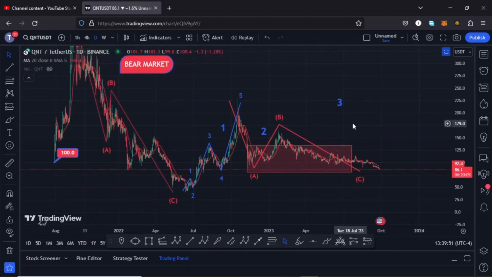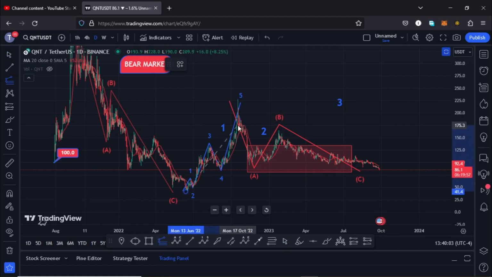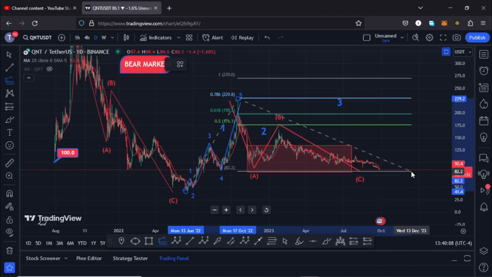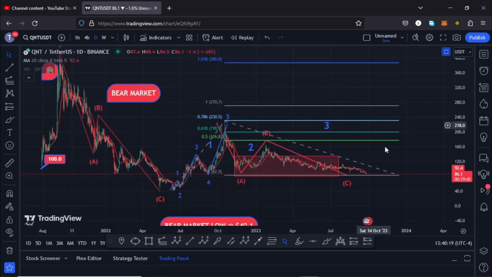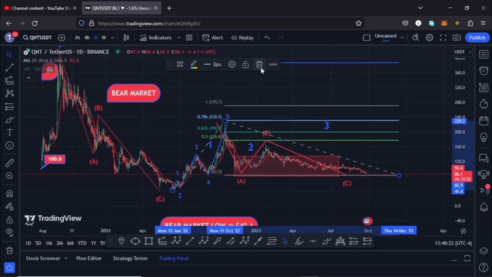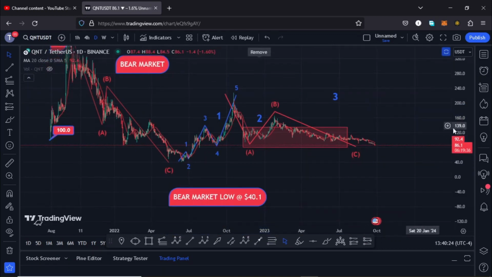And to just give you a target area for the third wave, which is the minimum target area, assuming that we now have a low in place for the second wave, by connecting the Fibonacci from the low of the first wave to the high of that wave 1, then dragging the fibs to the low of the second wave, I get a minimum target area for the third wave at the fib level 1.618, and that is at around the $386.8 mark, which is the minimum that we can expect, assuming that we have a low in place for the second wave.